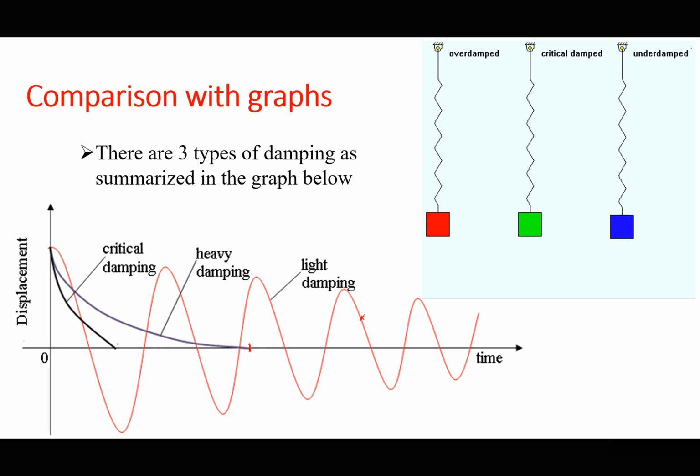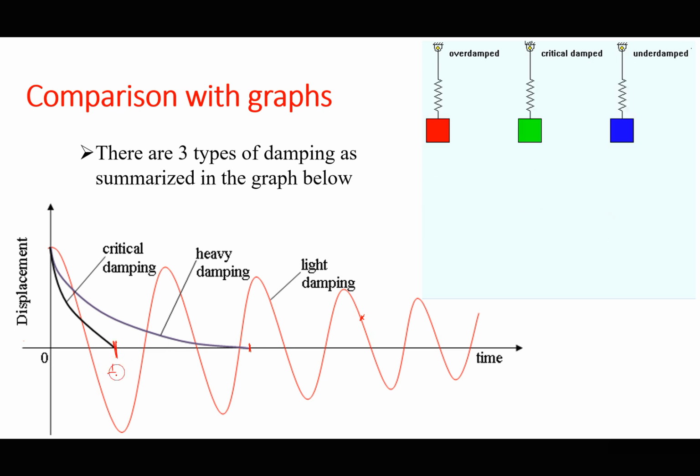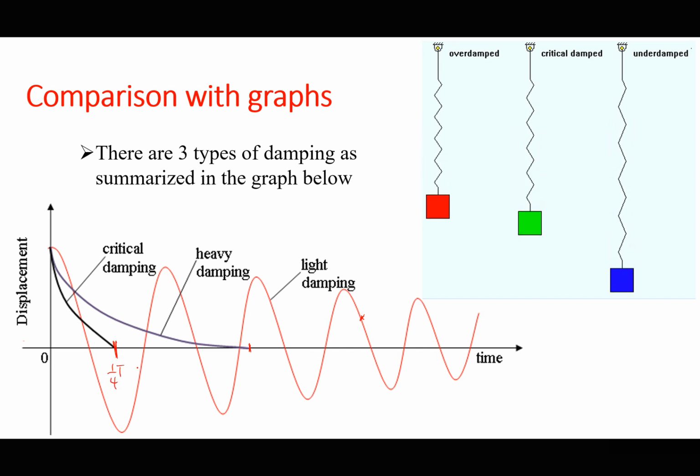And we have critical damping, where there are no oscillations, and the time is approximately a quarter of a period if the system was to oscillate. So the amplitude decreases to zero in the shortest time possible, very close to a quarter of a cycle. And these animations besides are demonstrating what we call overdamped.